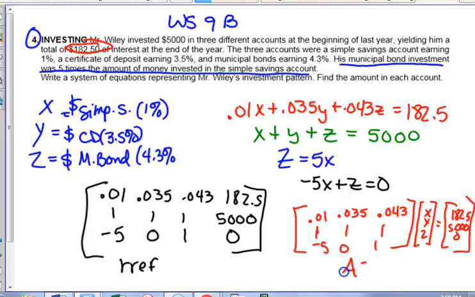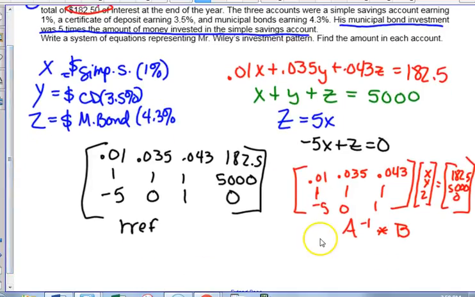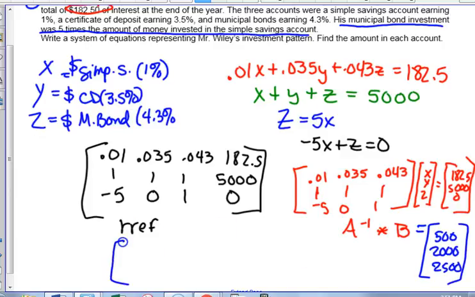And then you would do this matrix's inverse times matrix B, which is this solution system over here. Did anybody get the answers? I think it's like 500, 2,000, and 2,500. Is that right? If you do it this way, you will get a single matrix that looks like this.